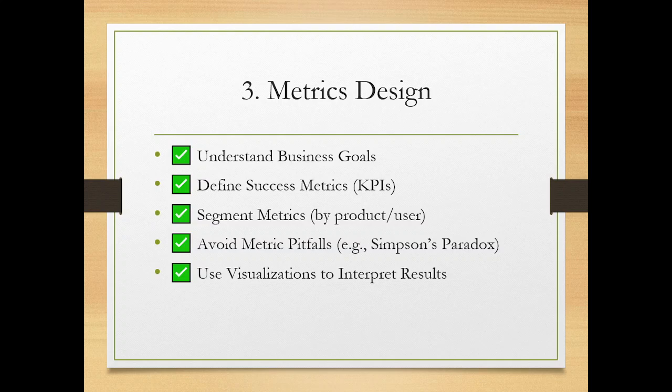Then here we have to understand that we should always strive for a balanced view with all the metrics and avoid any metric pitfalls, for example in the case of Simpson's paradox. So we should try to avoid any kind of metrics pitfall.